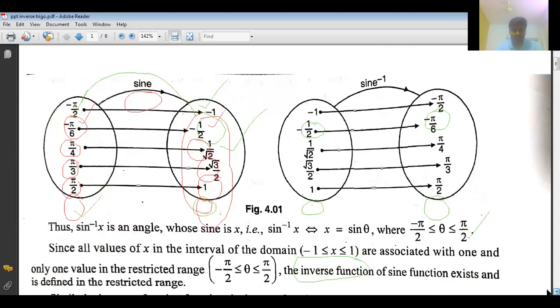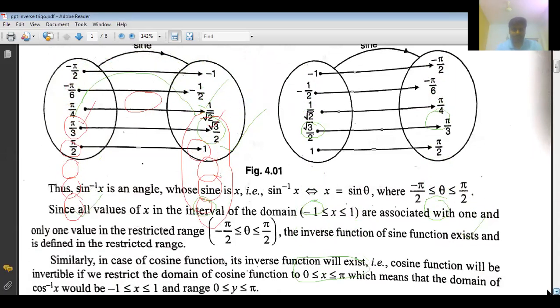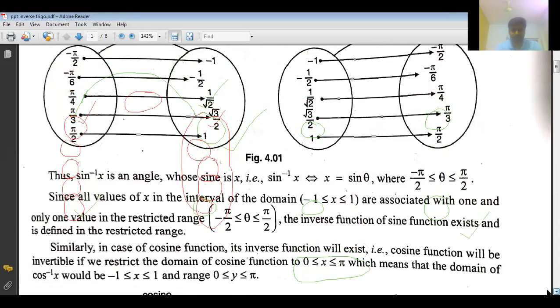See here. Similarly, in the case of the cosine function also, its inverse function exists. It will be invertible from where to where? 0 to pi.